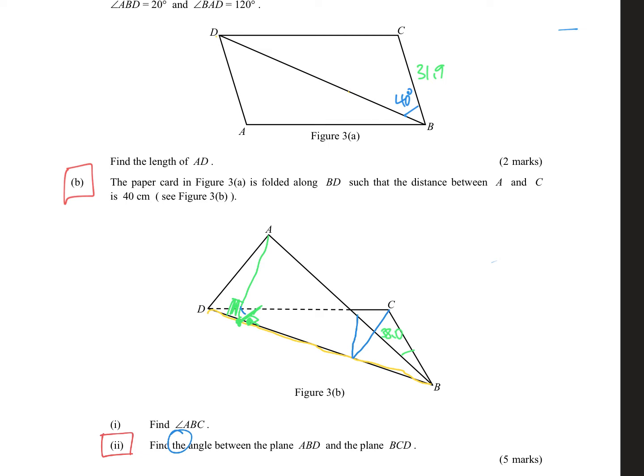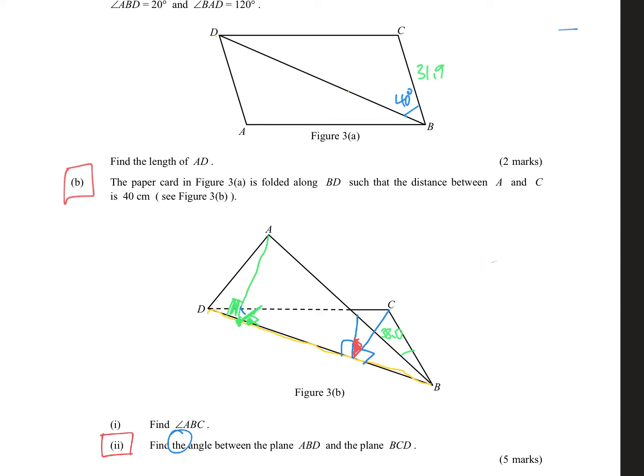That means we try to find the two normals here. So there would be this angle, and this is the angle we want.